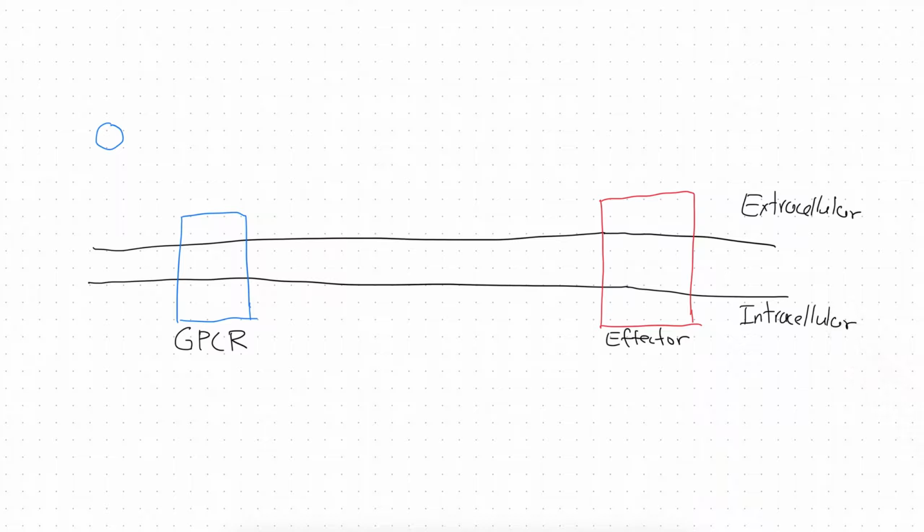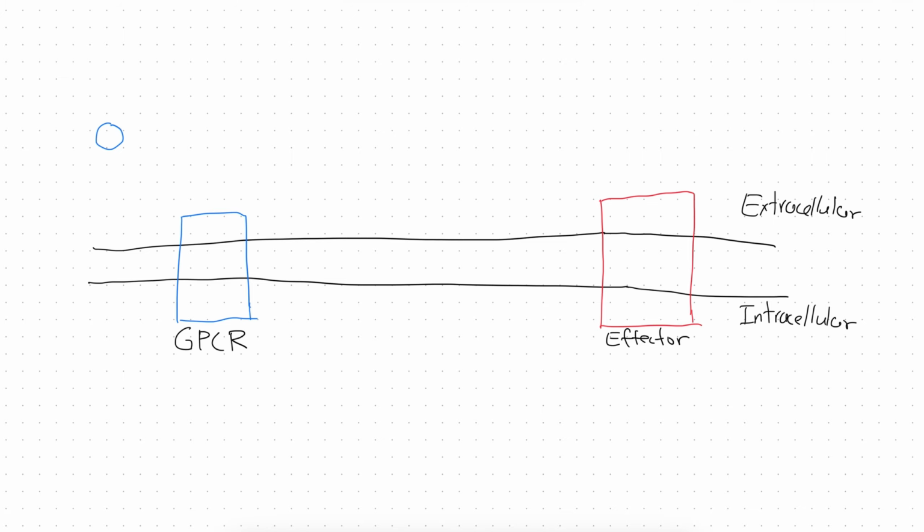Okay, now what do we think we are missing? So at this initial resting stage, we also have a G alpha subunit and a G beta and gamma subunit. And they are sitting inside the cell, bound to the inner membrane. Okay.